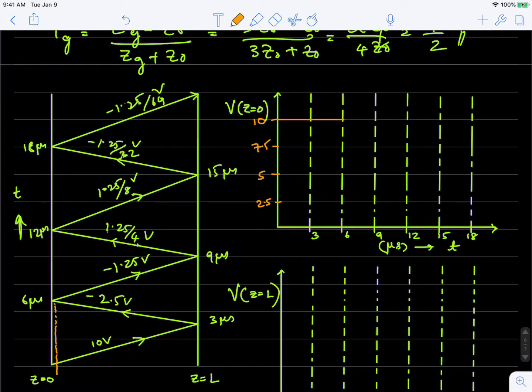Now the moment we cross 6 microseconds, what happens is we have 10 volts initially, and then we have minus 2.5 volts, and then minus 1.25 volts. So we add all three up and find out what the next voltage is.